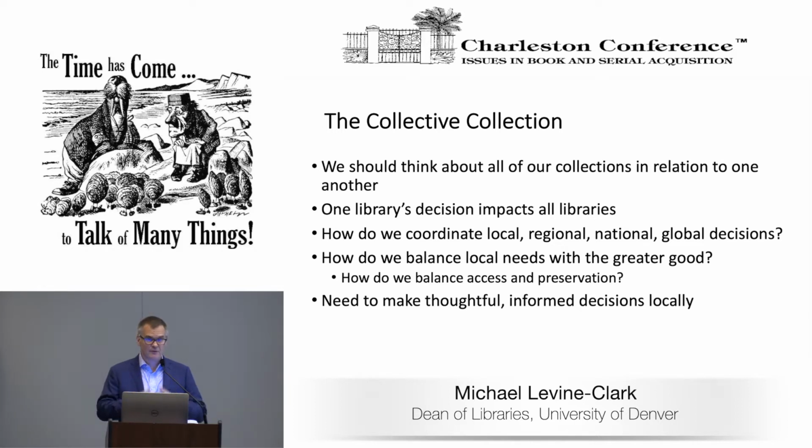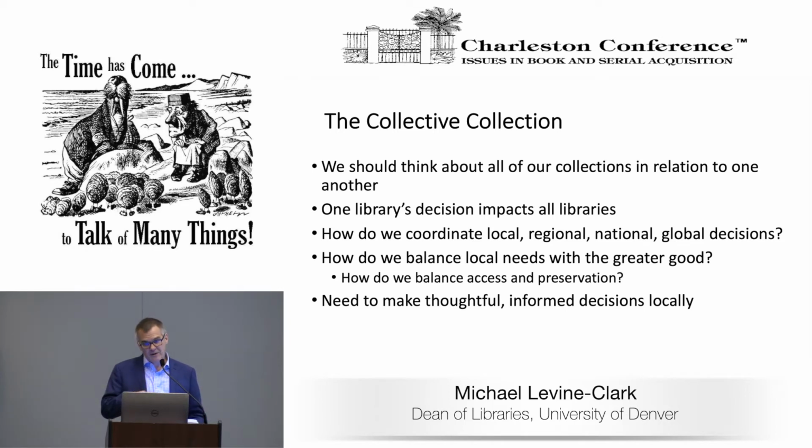So University of Denver with the Colorado Alliance of Research Libraries, and then nationally and even internationally. And how do we balance local needs with the need for preservation? So locally, we maybe need access, but globally, we're trying to preserve collections.